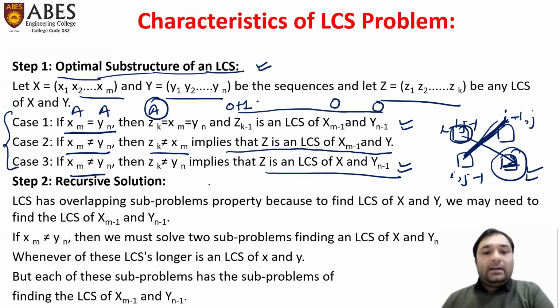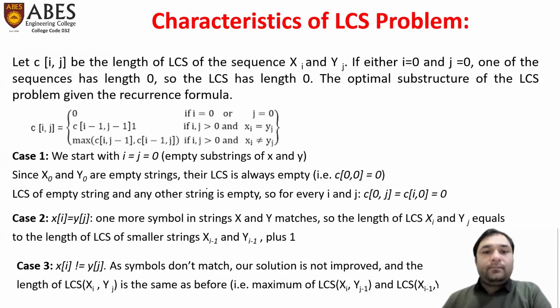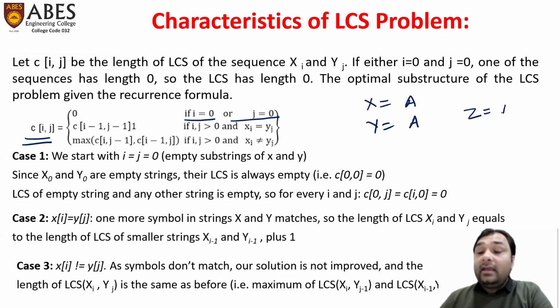After calculating the first step, we will see the recursive formulation of the same. The recursive formulation is defined as, let's see, I, J. If I or J is 0, let's take an example where X is A and Y is A. So how will X and Y return Z as A?